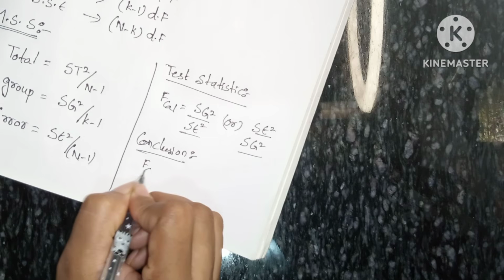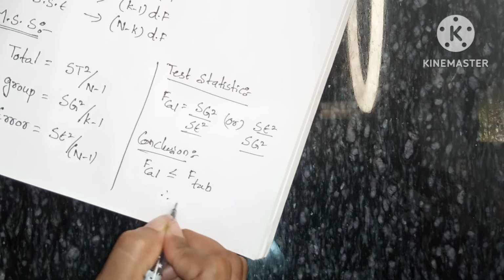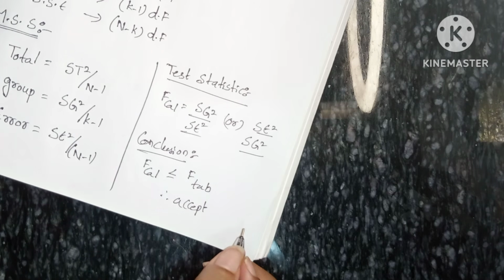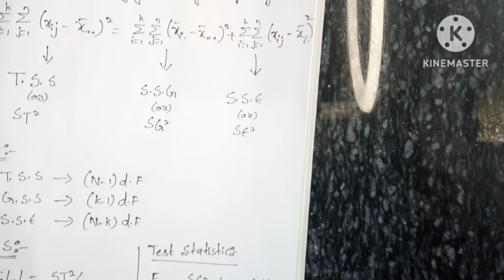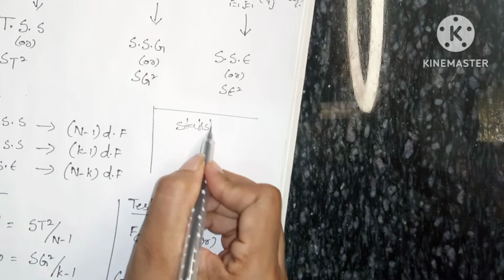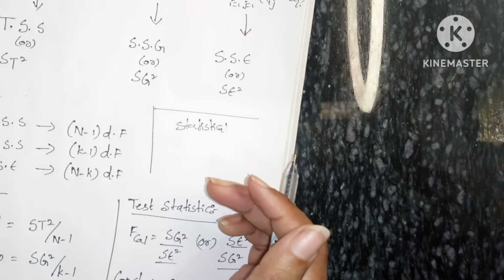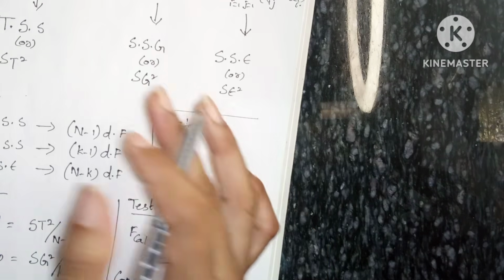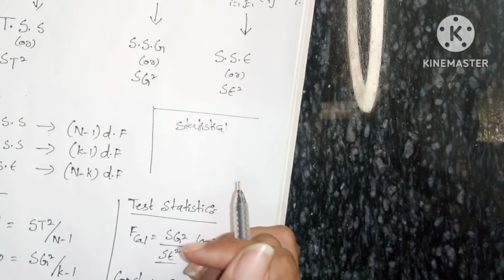If F calculated is less than or equals to F table, we have to accept the null hypothesis, otherwise we have to reject. So this is about Anova one-way classification. So this is a very important question. In exam, if they ask about statistical analysis, mathematical formula for analysis of one way, you have to write the same. Whatever they ask, if you find Anova one way, you have to write the full. Okay.